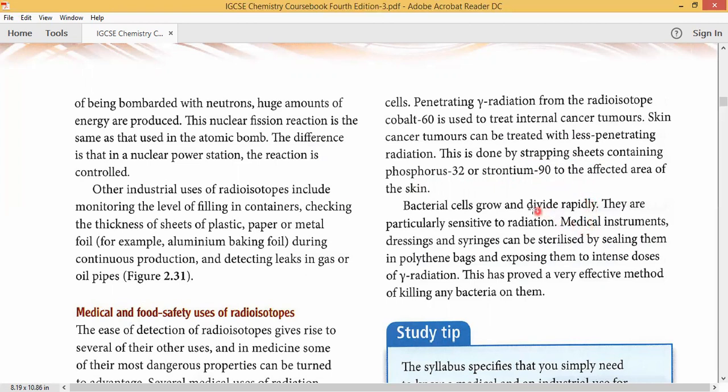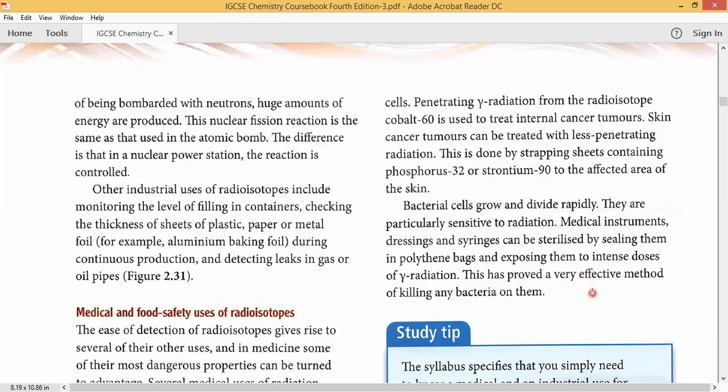Moving up ahead, bacterial cells grow and divide rapidly. This specifically becomes a problem when we're talking about pathogens. Pathogens are the bacteria that can harm us in terms of diseases. They're particularly sensitive to radiation. What we do is we take our medical instruments, dressings, and syringes, and we sterilize them. In the past, if we go 40 or 50 years back, we sterilized them over a hot flame.